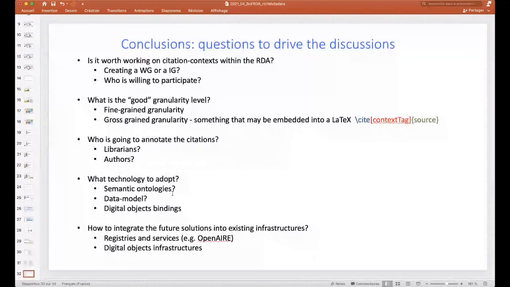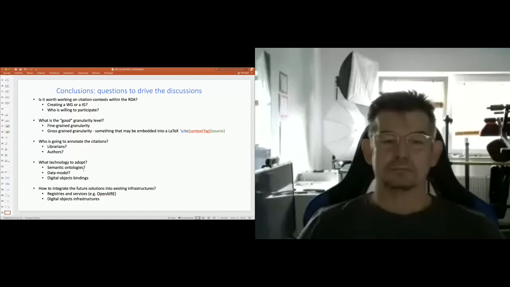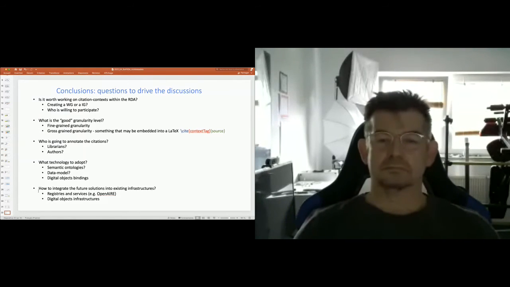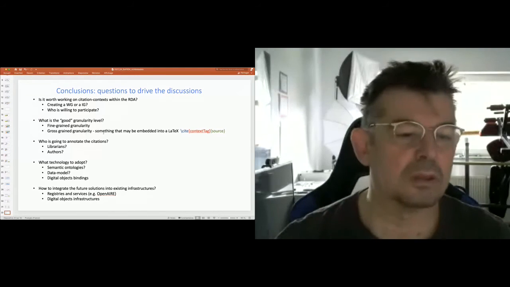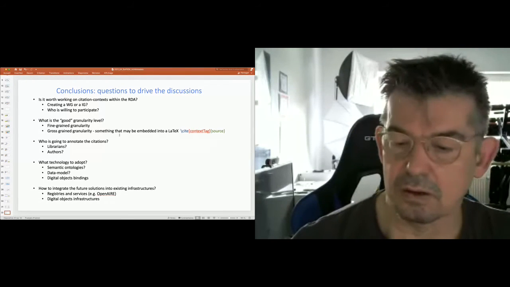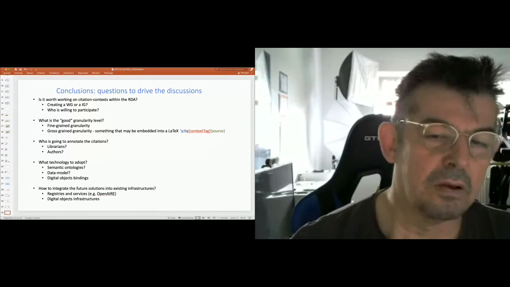For concluding and introducing the open discussion: is it worth working on citation context within the RDA? Should we create a working group rather than an interest group, if anyone is willing to participate? Another issue is what is the good granularity level, because we may have a fine-grained level, which is maybe quite hard to use, and we may have a coarse-grained level, which is something that may be embedded into a LaTeX tag.